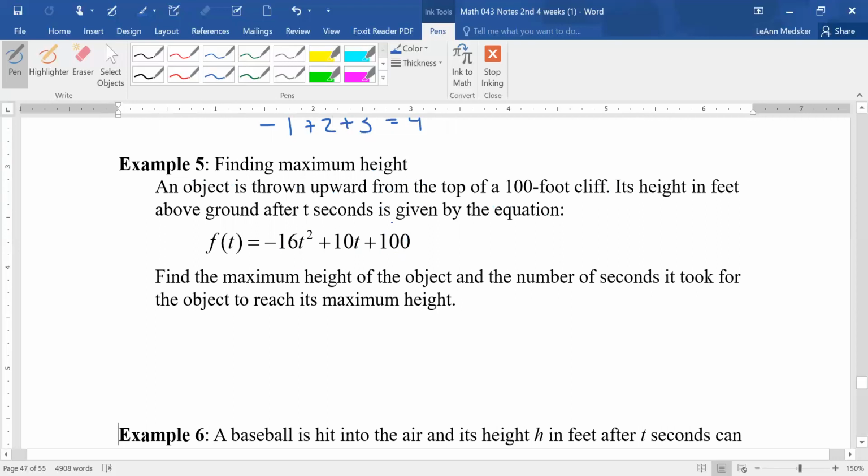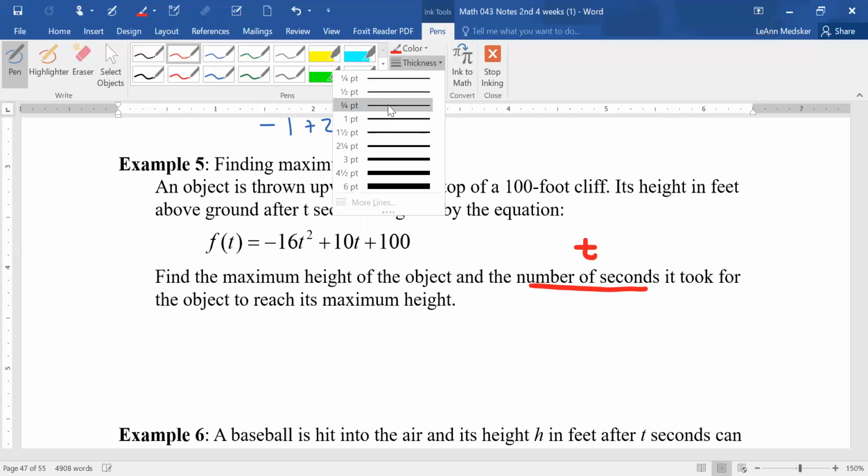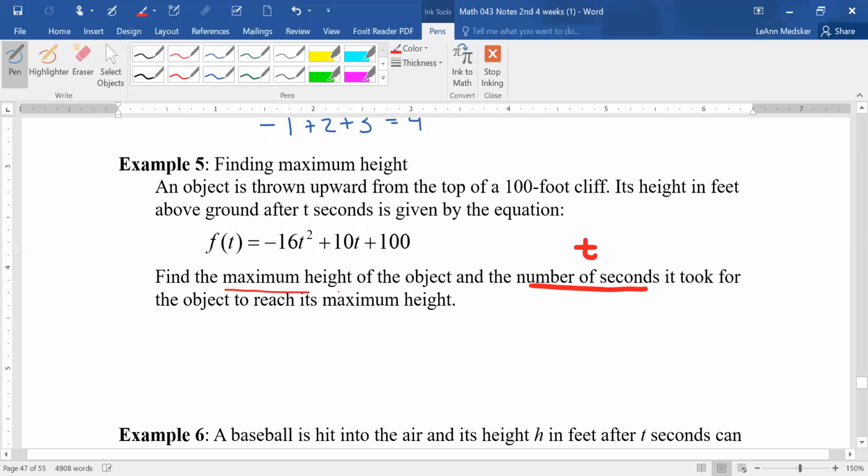Find the maximum height of the object and the number of seconds it took for it to reach its maximum height. So since t has to do with x here, when we do our vertex formula, we'll get the time first actually. The maximum height has to do with the y, or the f of t. So we need to do, since they said maximum, we're doing a vertex.